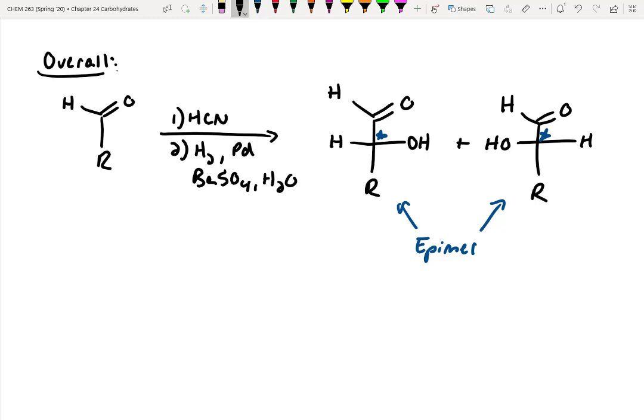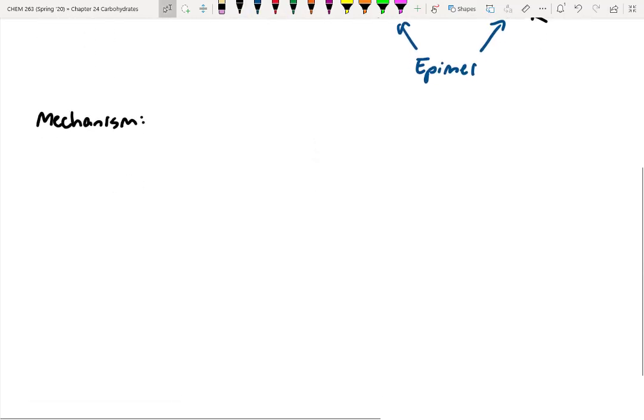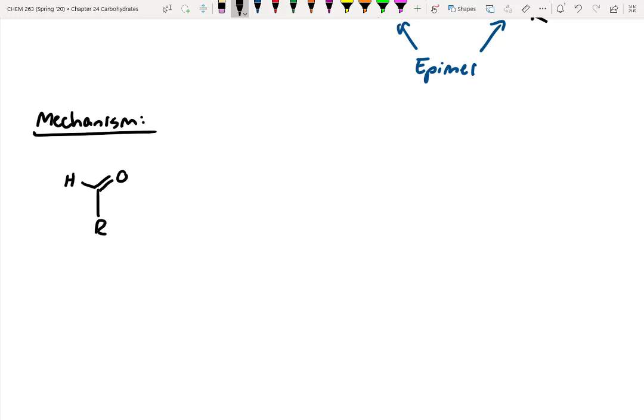So let's take a look at the mechanism. And luckily the mechanism uses a lot of chemistry that we've seen before involving aldehydes. In the first step, we're going to have our aldehyde react with the hydrogen cyanide. So in this case, we've got HCN.